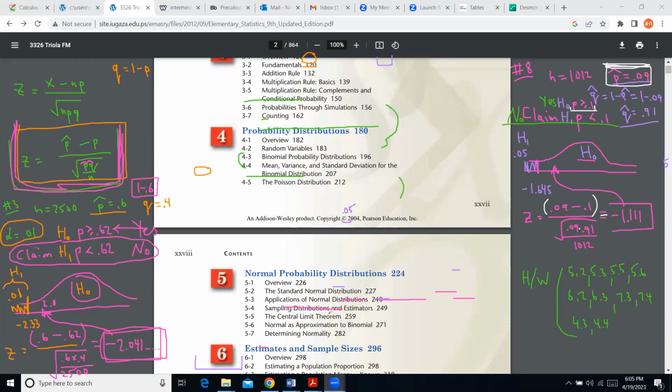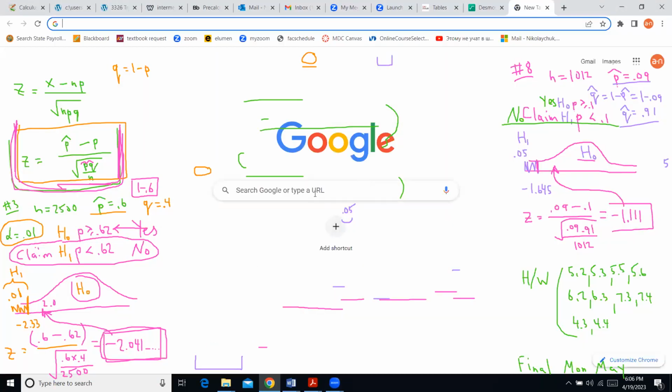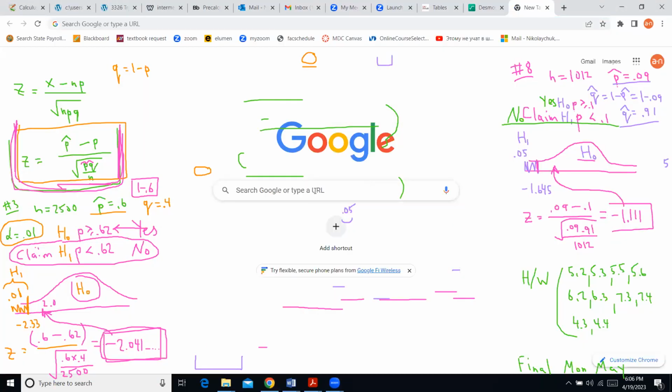And our final will be, as I said, on Monday, which is going to be not next week, but a week after next. So I believe that's going to be May 1st, or something. Let me double check the calendar real quick. Yes, it's actually in the syllabus.